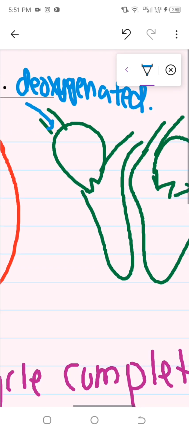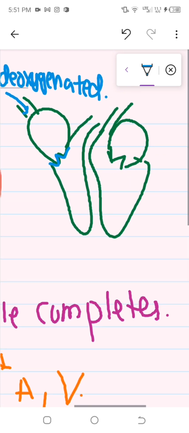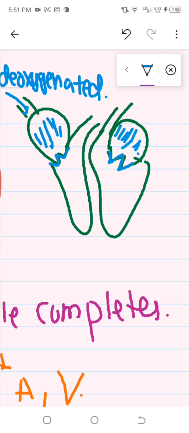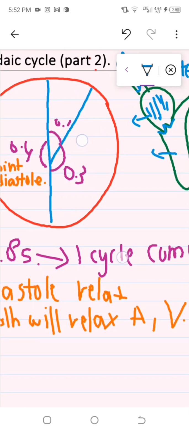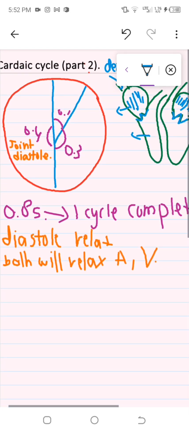When deoxygenated blood enters into the right atrium, at that time the walls are closed. Both these walls are closed, so deoxygenated blood is filled here. The atria are relaxed and the ventricles are also relaxed. This is why this is known as joint diastole.